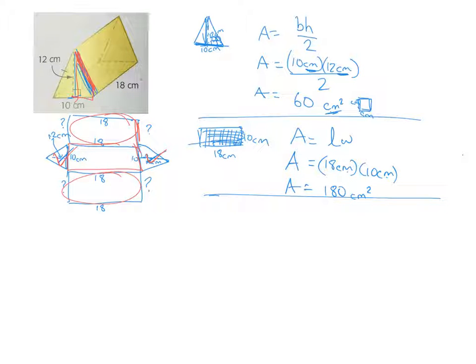It is a right triangle. How big is this part of the right triangle? Well, it looks like it's cut in half, so if the whole thing is 10, half of it would be 5 centimeters. We know the height is 12 centimeters, so I could figure out this side.